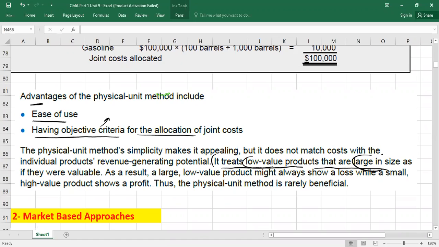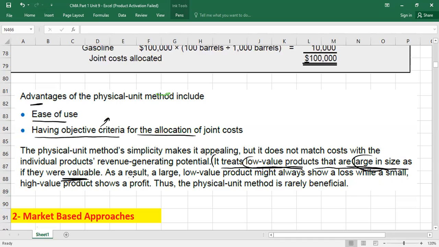Right or wrong? So what's written here: low value products that are large in size. Size means quantity. Those products which are low in value but large in quantity, because we are allocating a bigger portion based on quantity, will appear very valuable, but actually they are not valuable.